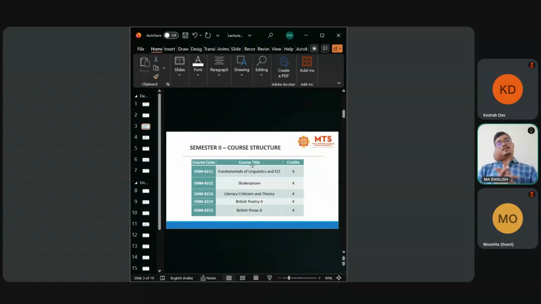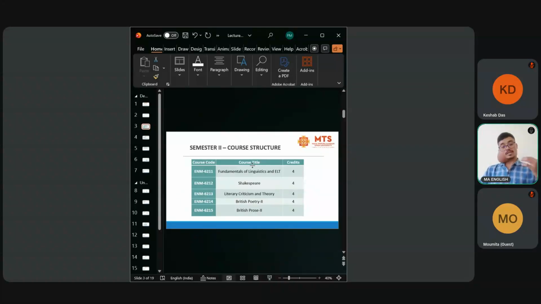So this is the course structure of second semester in English. So there are 5 papers, right? 5 courses, and just like in first semester, the first paper deals with language. There is Fundamentals of Linguistics and ELT, and then the second paper you have Shakespeare, all about drama, and the third paper is about criticism and theory, that is Literary Criticism and Theory, and next we have British Poetry 2.